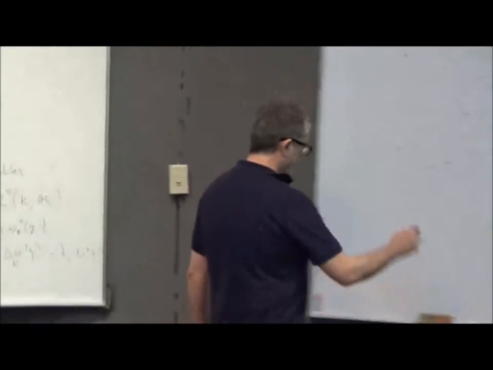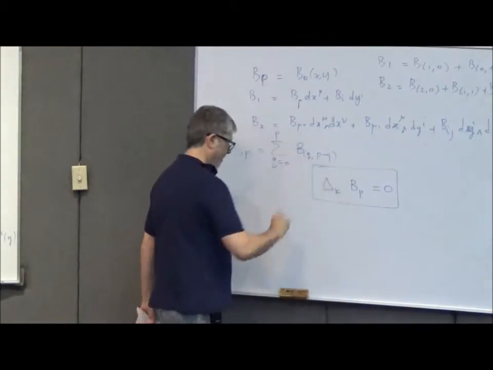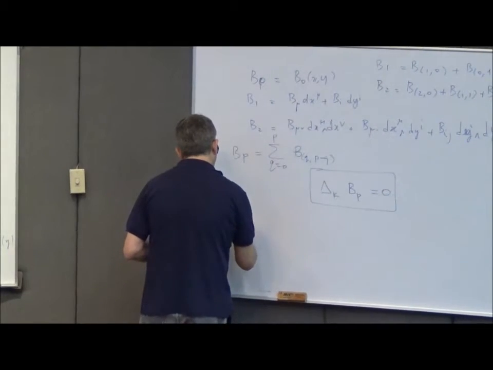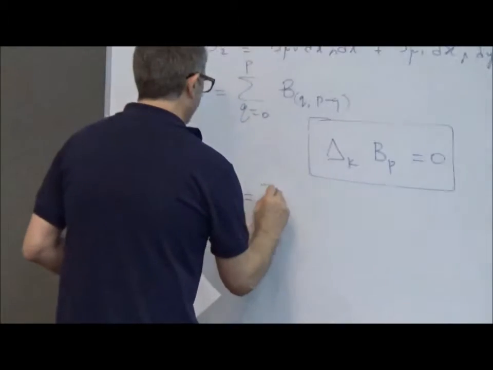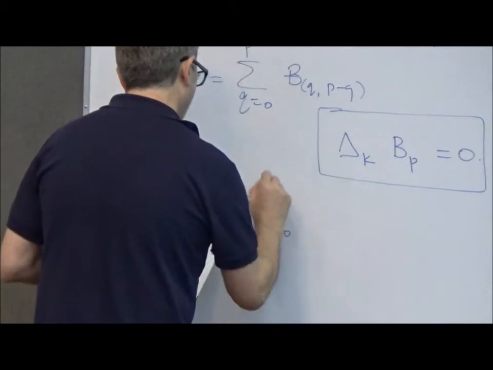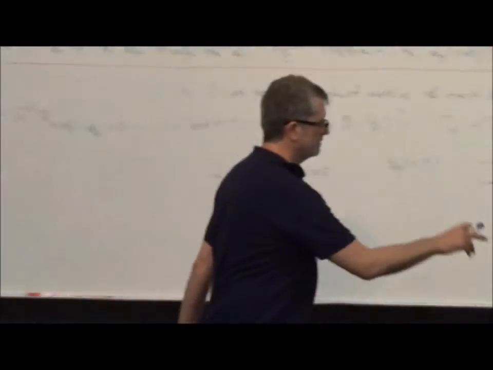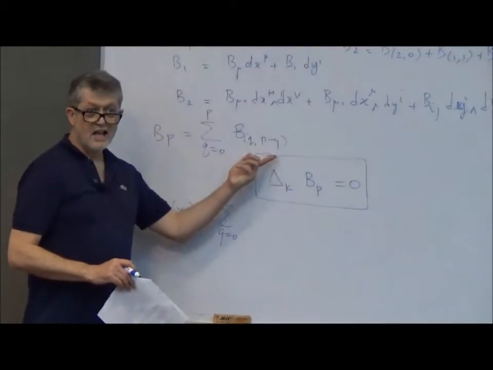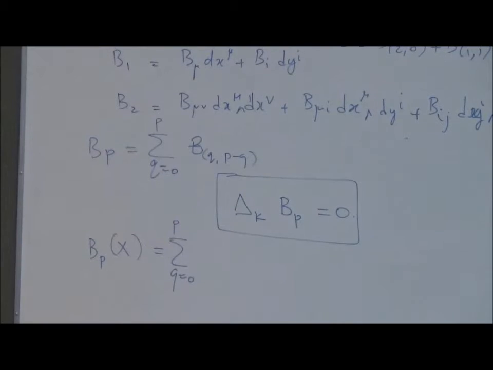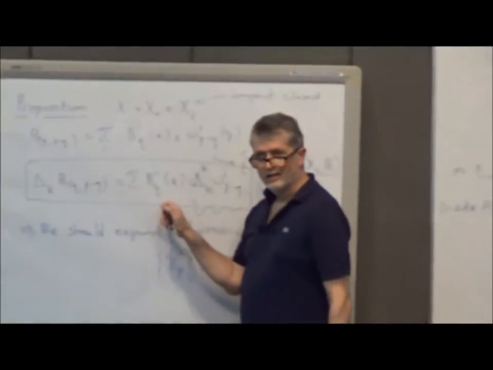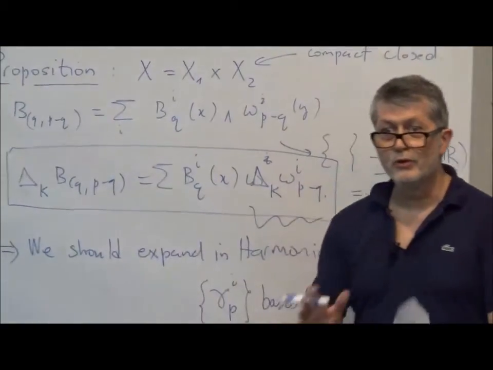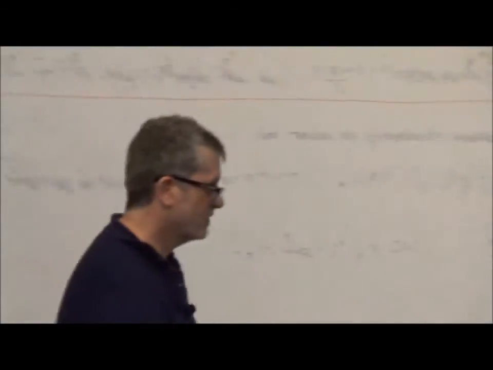The guys that will solve this equation can be written as BP of upstairs, big X. Then we get the sum over all the possible guys, right? Because somewhere I wrote that. Ah, yeah. I can always write it like this. And I should expand these in a basis of these guys. So you keep the Q, and you get rid of the P minus Q, and you put a harmonic form there. So we get.